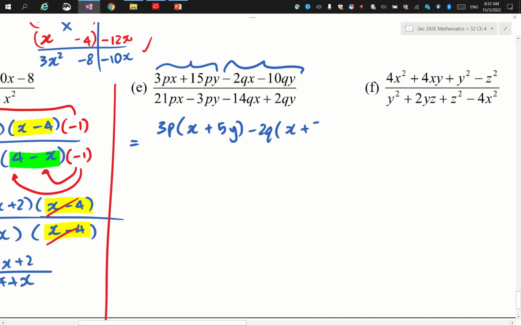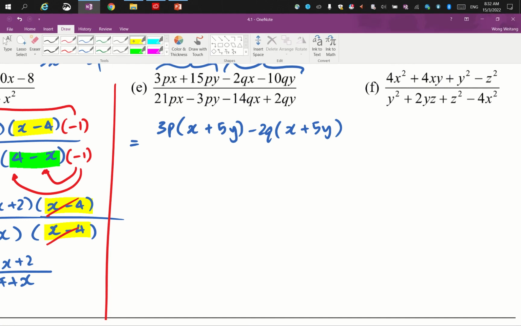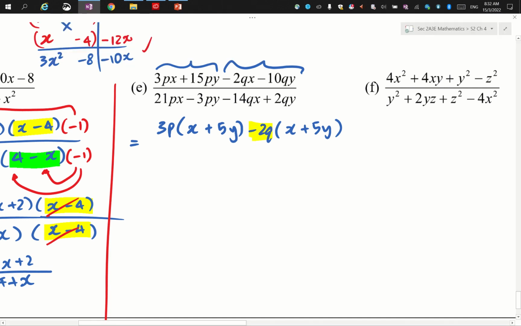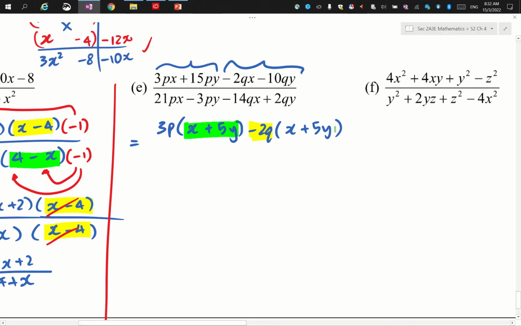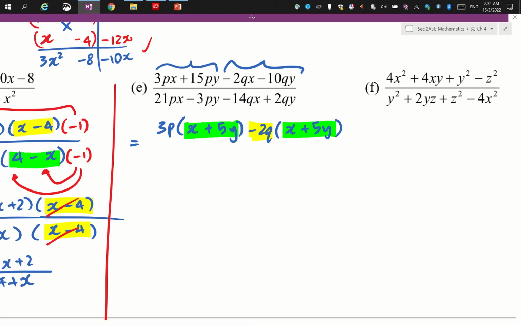How did I decide to factorize out negative 2q instead of positive 2q? Because I know I have to result in x plus 5y, x plus 5y. If I factorize out positive 2q, I would end up with negative x minus 5y. That doesn't help me.